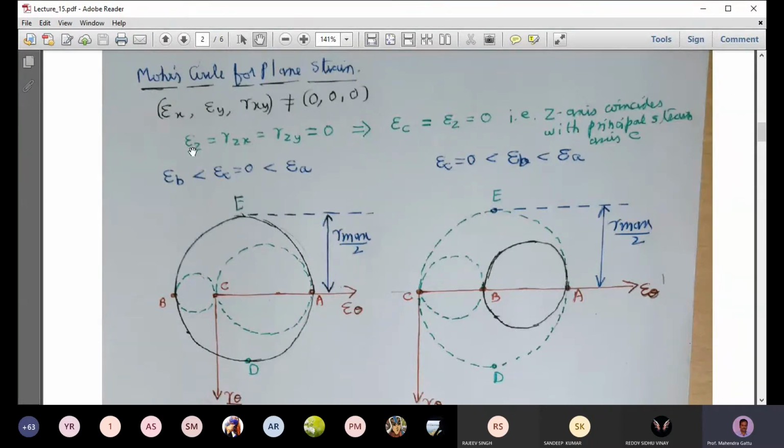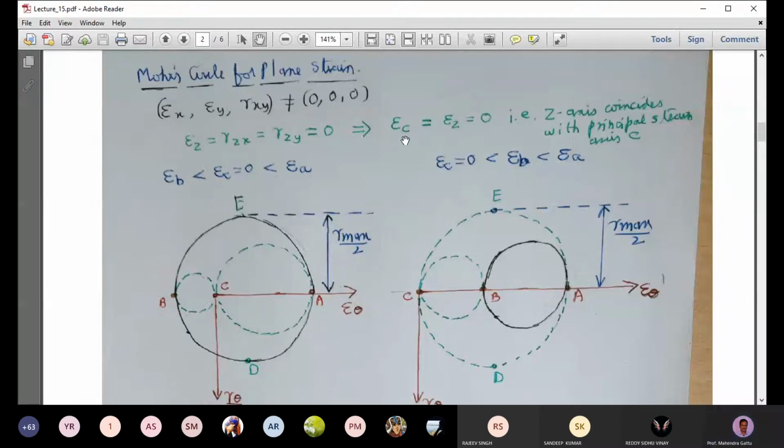So what we can do is, on the z face, that is for the z axis, epsilon z is 0 and shear strains are 0. That means epsilon c corresponds to the z axis. This is a principal strain. So the z axis corresponds to the principal axis c.